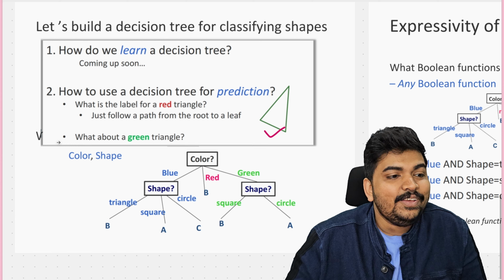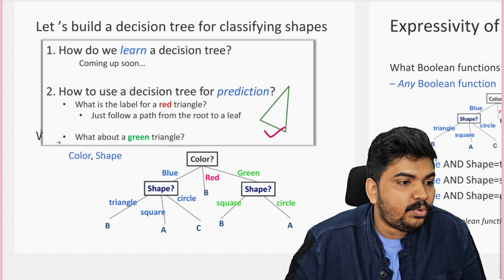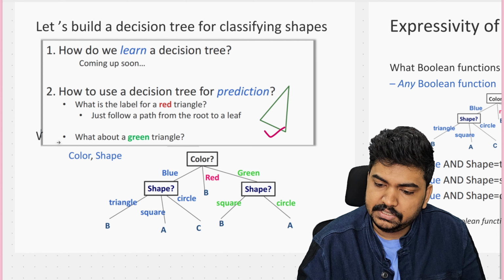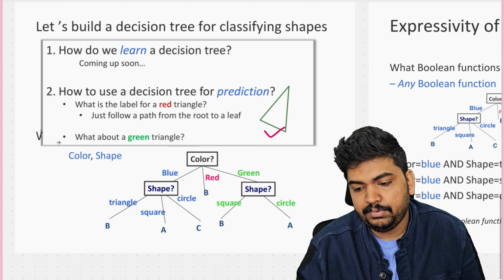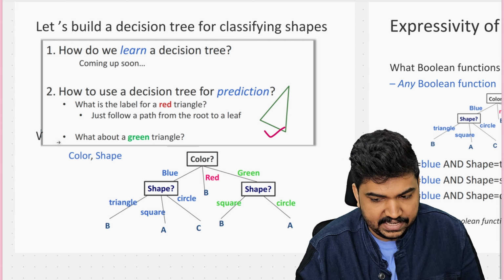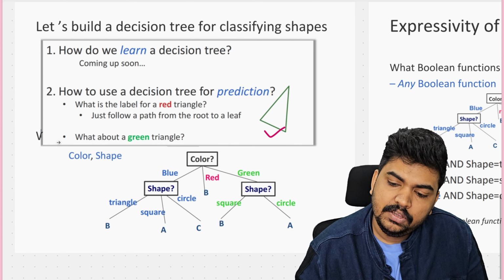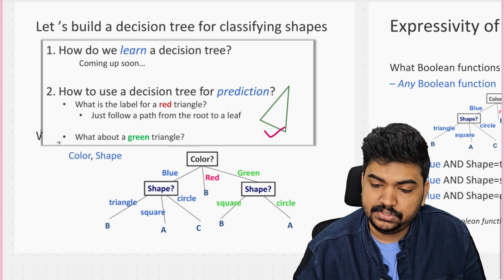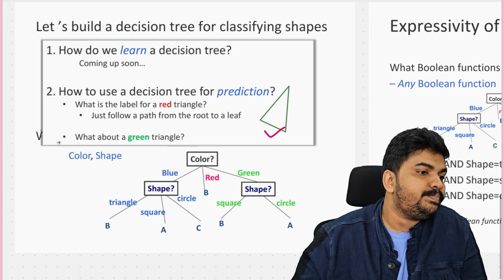We definitely can traverse one edge of the tree based on the color. So let's say we start off with the color, which is green. We reach the next node and we see that we can't get an answer, just like in the case of red. We don't get a final answer, we don't get a label. We need more information, and that is coming from the shape.